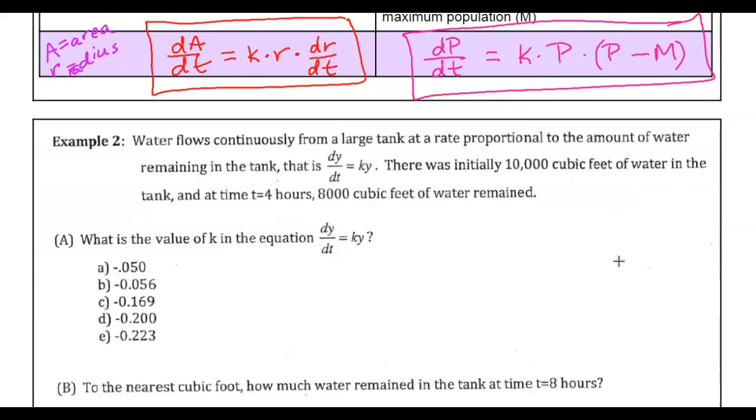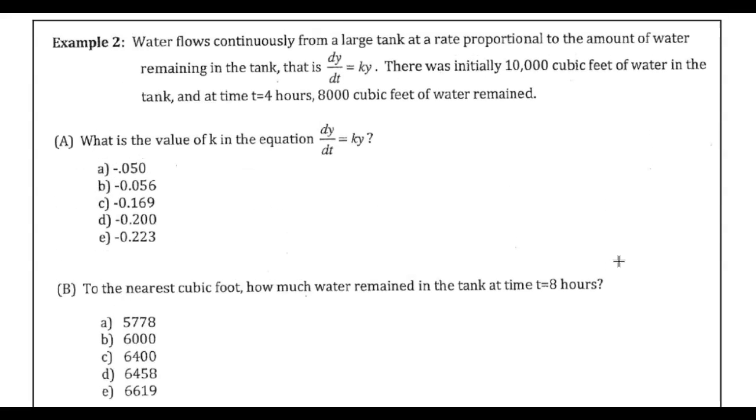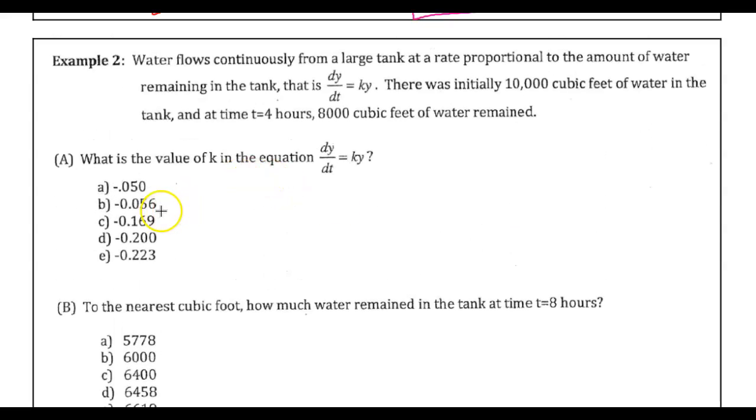All right, example number 2 has a couple of parts, and so if you look at the answers, this does imply that we're going to use a graphing calculator, and we're going to solve this. So, water flows continuously from a large tank at a rate that's proportional to the amount of water remaining in the tank, and they give you this formula, okay?